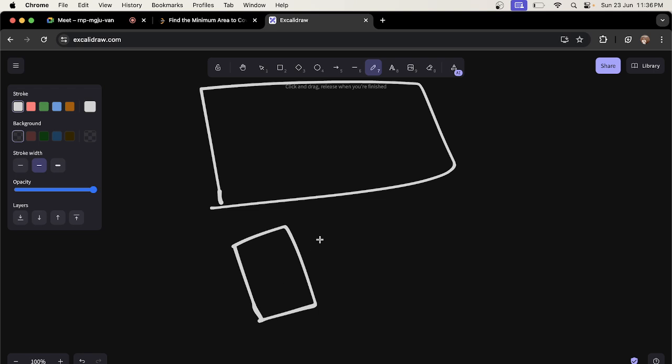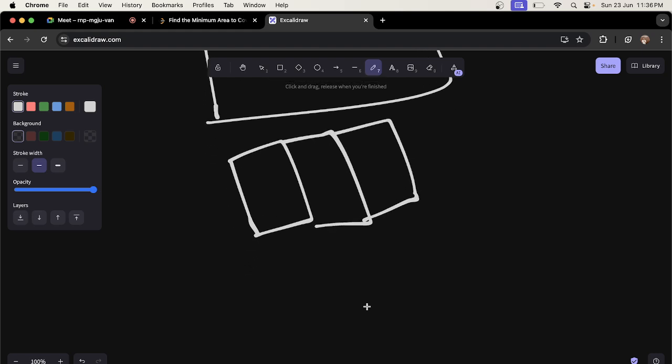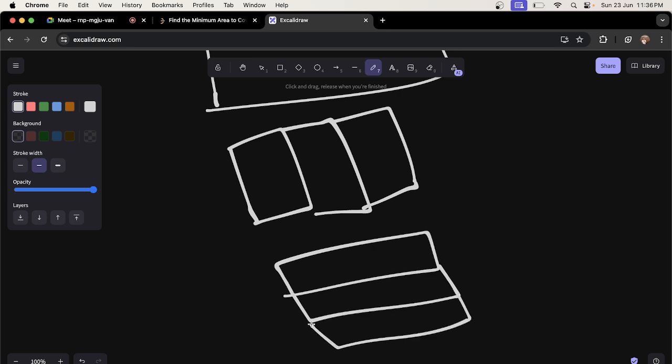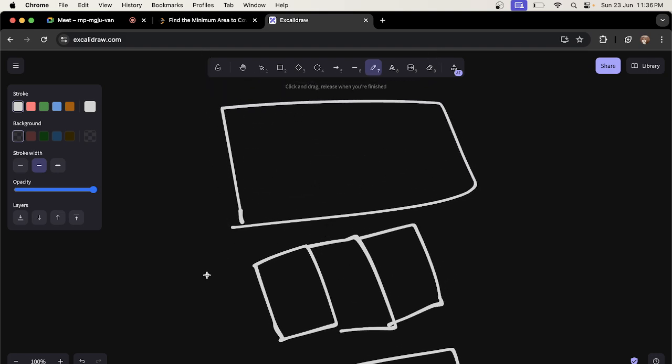One can be simply like this, that they are vertically adjacent. One can be they are horizontally adjacent. Like what I mean is that for this case we can simply make a partition like this. For the horizontal case we can make a partition like this.